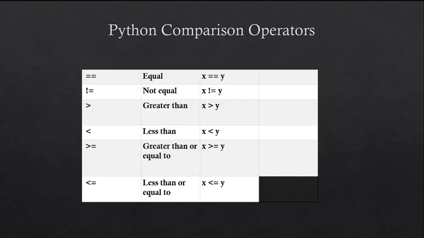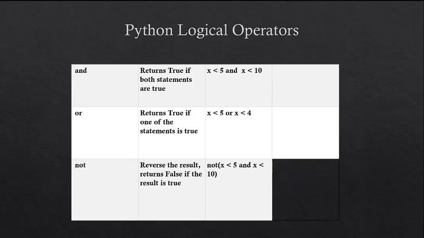These are the comparison operators: equal, the double equals comparison. Not equal is the exclamation mark sign. Greater than, less than, greater than or equal to, less than or equal to.